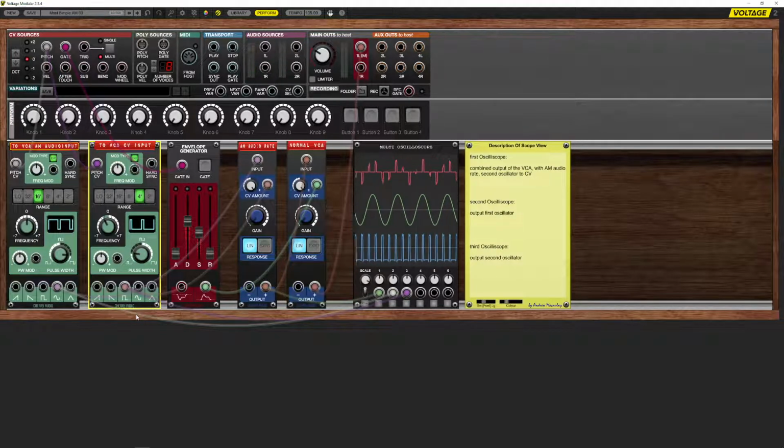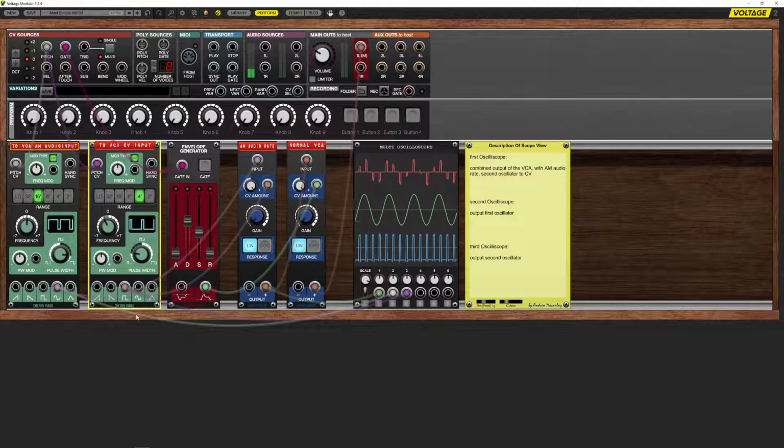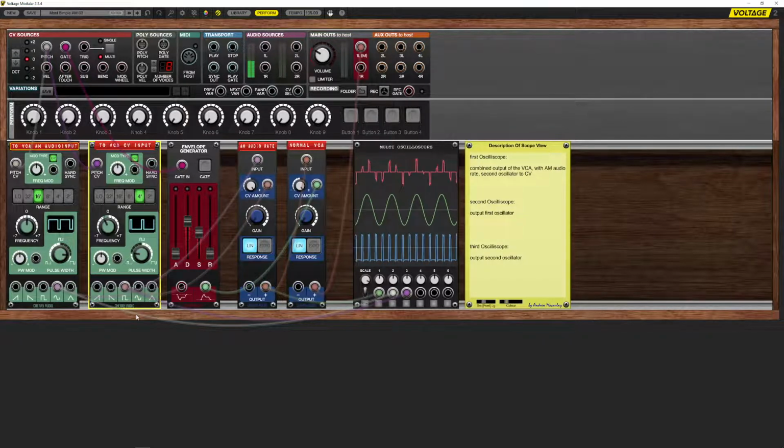So, as I said, this you can do also in voltage modular nucleus. These are the basic models.